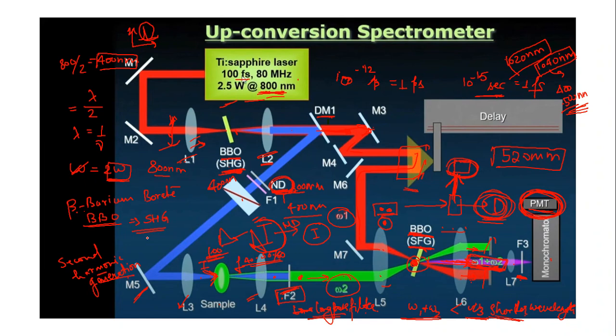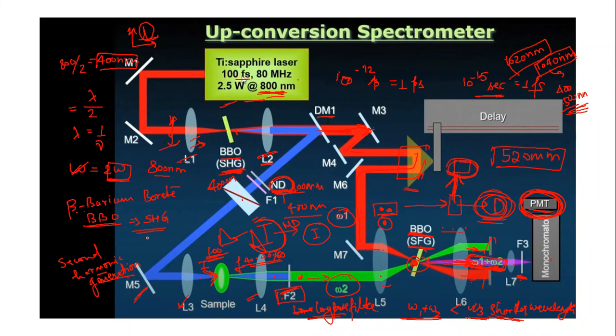10 to the power minus 15 or minus 12, it was somewhere. So if you want to study those fast processes, what are the ways? The design of the upconversion spectrometer is one of the techniques we have evolved in order to study those femtosecond range processes, or say, to get femtosecond resolution, this entire design is done. Why?